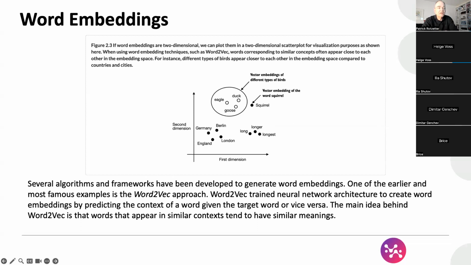But the nice thing about embeddings, once we have trained embeddings, is that similar concepts or similar words will be closer to each other in the vector space. So here are some examples that I'm showing. We've seen that last time already, so it's just a repetition.